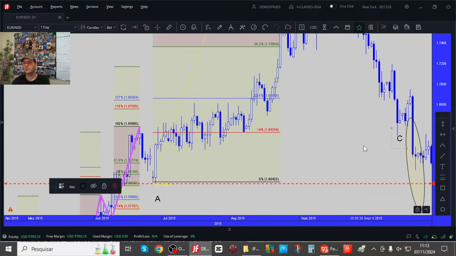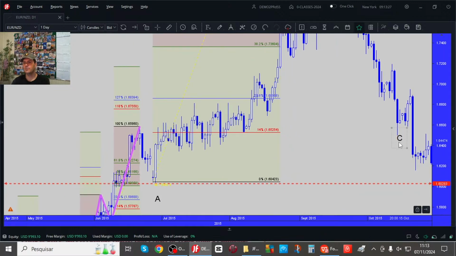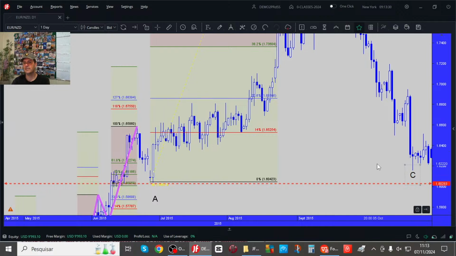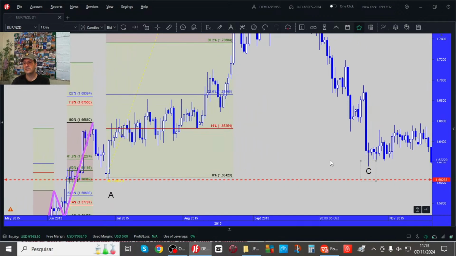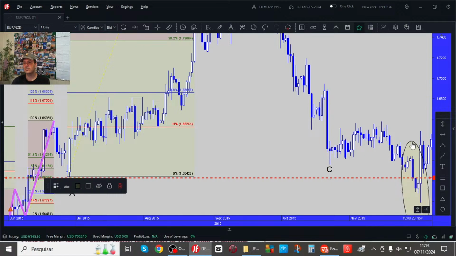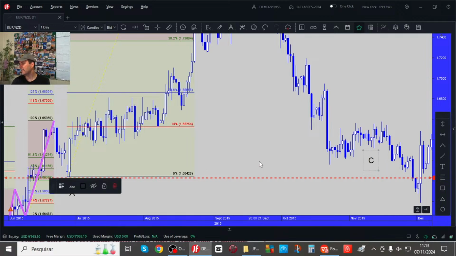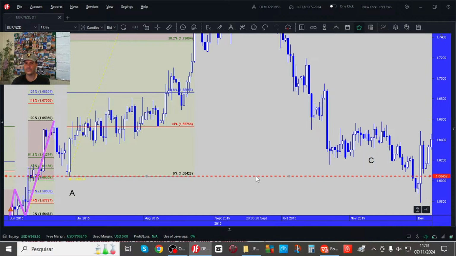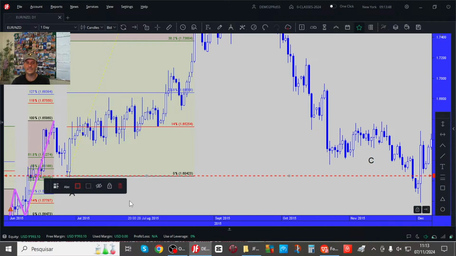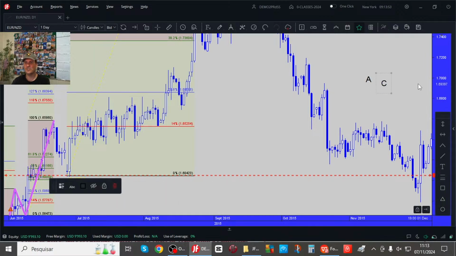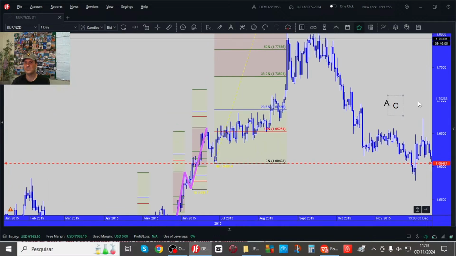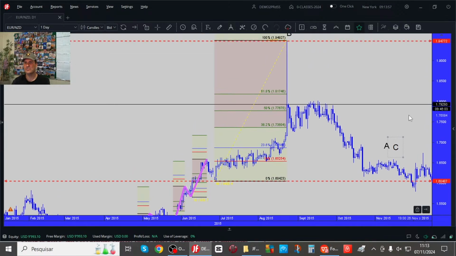Okay, and then the market moved even into a deeper retracement. So this was the C back in time. All right, and then the market moved even into a deeper retracement again. So this was the last time the C, and then the market broke the A. The market broke the A, meaning this up Fibonacci is not valid anymore.